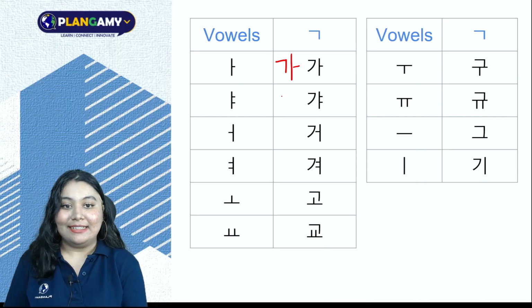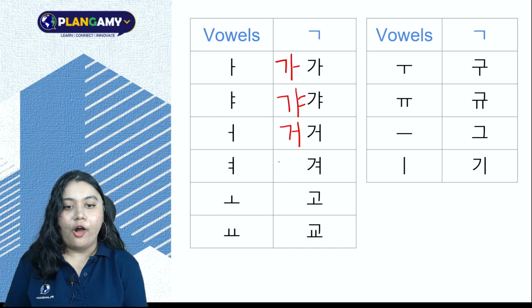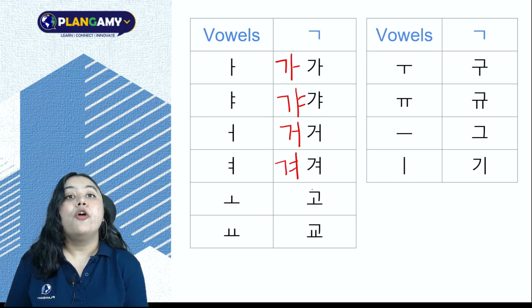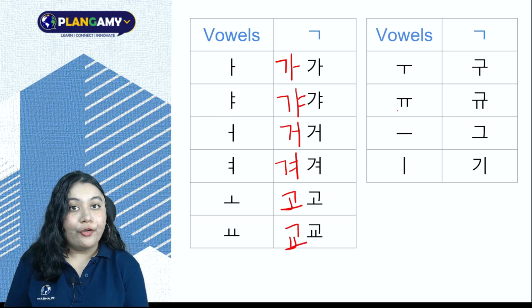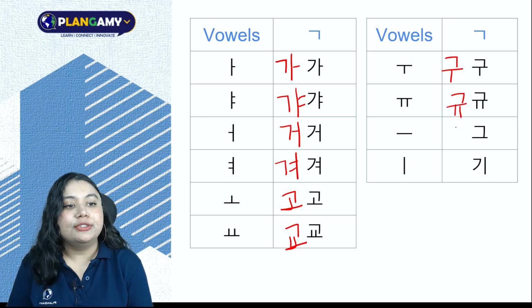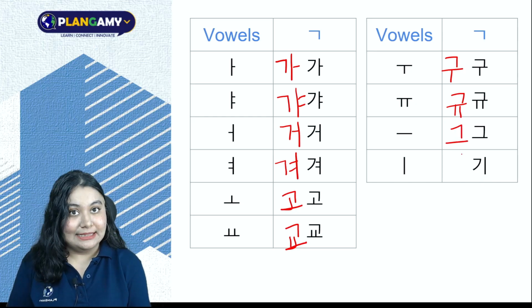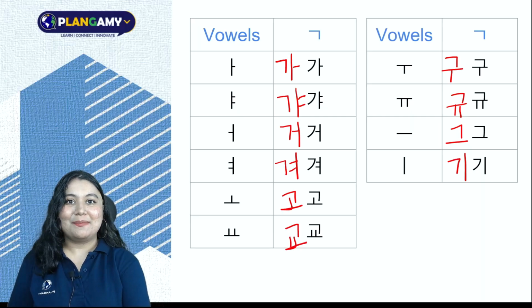Gha, gh, ya, ghya, gh, o, gho, gh, yo, ghyo, gh, u, ghu, gh, yu, ghyu, gh, u, ghu, gh, i, ghi. Now try adding the vowels to the rest of the consonants.